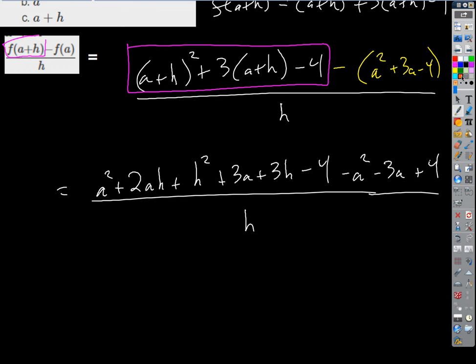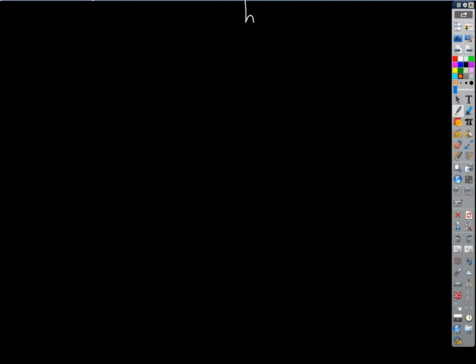When we talk about canceling vertically versus canceling horizontally, I've mentioned this before, but let's revisit that idea. If I cancel things vertically, like for example, let's make it a little easier, what if I had something like x squared minus 3x over x?